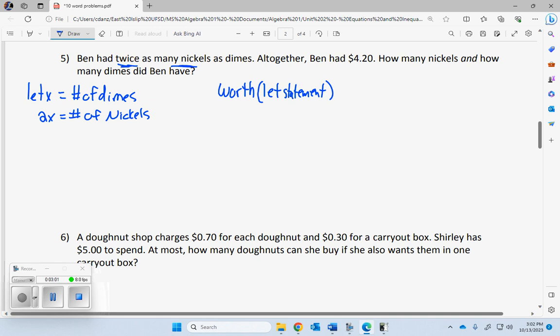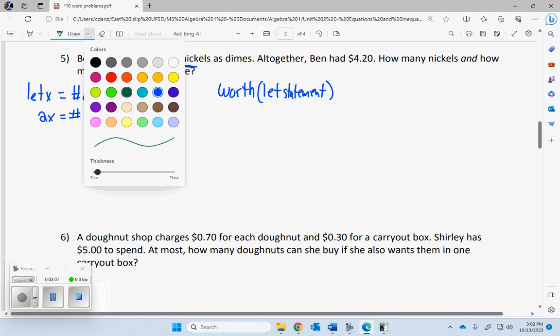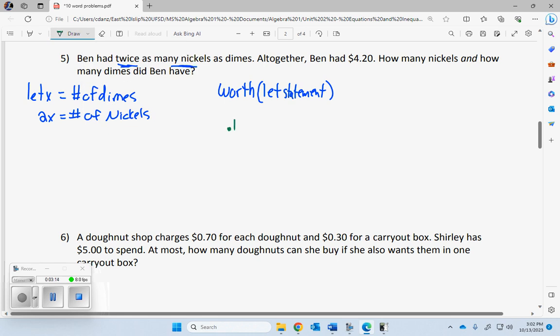That's what has to be put into my equation. So how much are dimes worth? Hopefully you said 10 cents. So in math, when we're writing 10 cents, it's a 0.10. So the worth of the dime is 10 cents and the let statement is x.